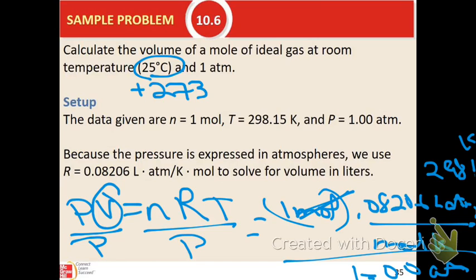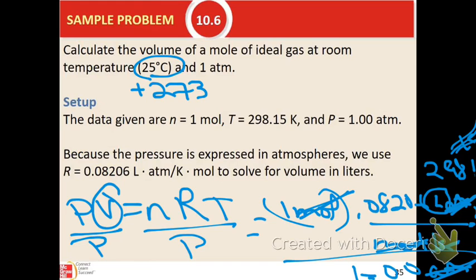Now please watch what's happening here. This mole is going to take out that mole. This atmosphere is going to take out that atmosphere. This Kelvin is going to take out that Kelvin right up there. And so I'm going to say 1 times 0.08206, and then notice what my units are going to be left with right here, liters, which makes sense since I'm looking for volume.